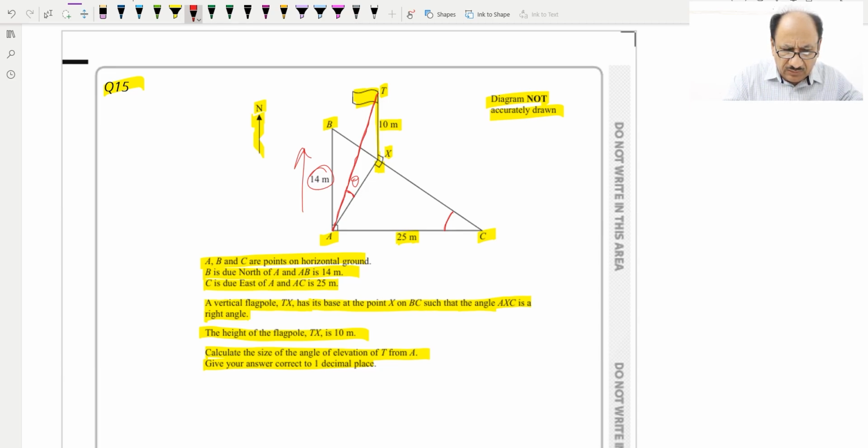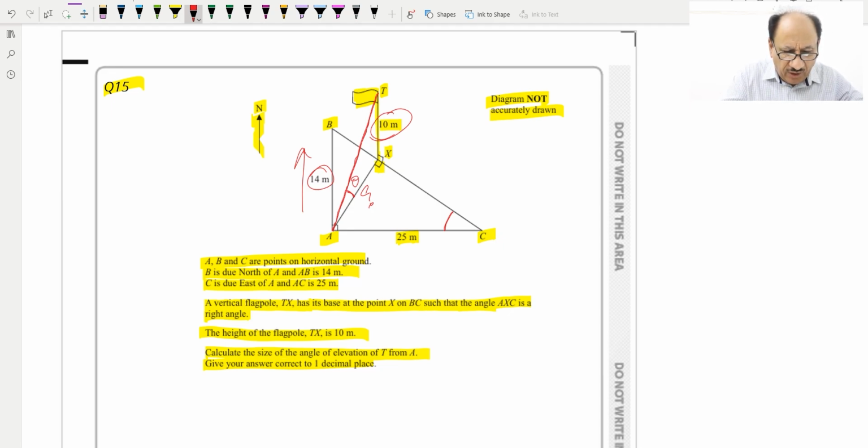What is our target? Our target is to find AX. TX is already given, so after finding AX we will be able to find theta.